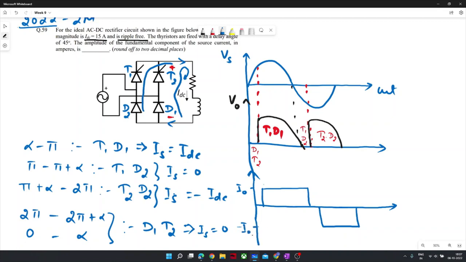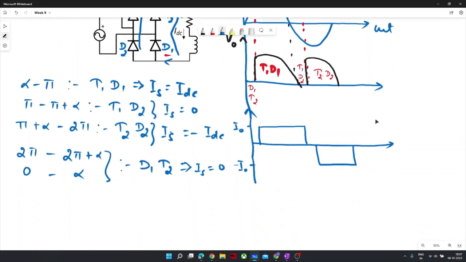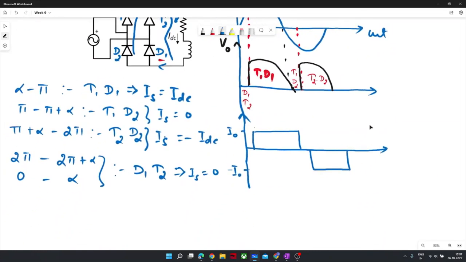So this is the waveform of the semi-converter, as you can see, and we need to find its fundamental, so it would have some sinusoidal component. To get even symmetry, we can make it a half wave symmetry. To make it, we can shift it by alpha by 2 so that it will be symmetric across this pi axis.